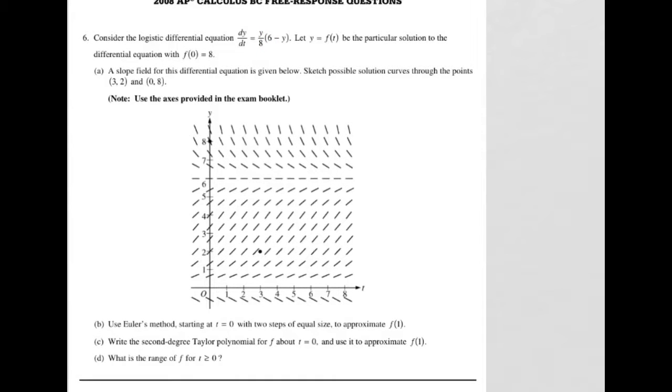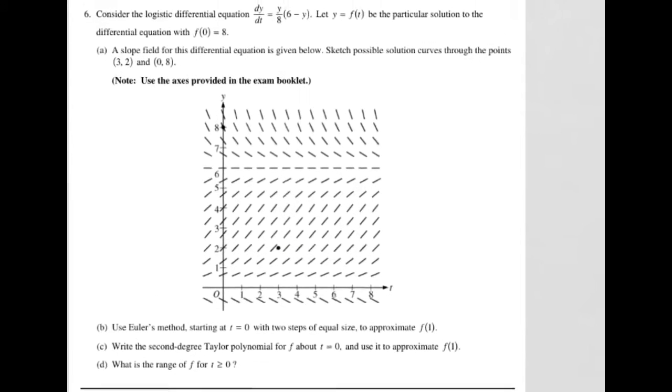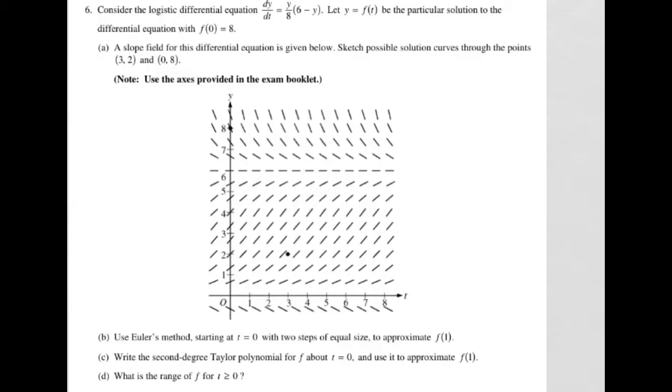A slope field for this is given below. Sketch possible solution curves through the points (3, 2), (1, 2), (3, 2), and (0, 8). Oh, that's super easy. All I'm doing is following the contours.